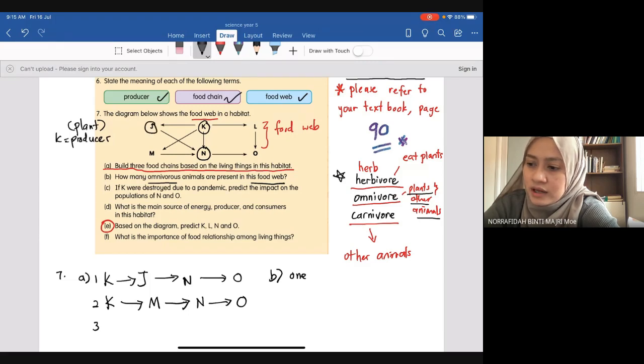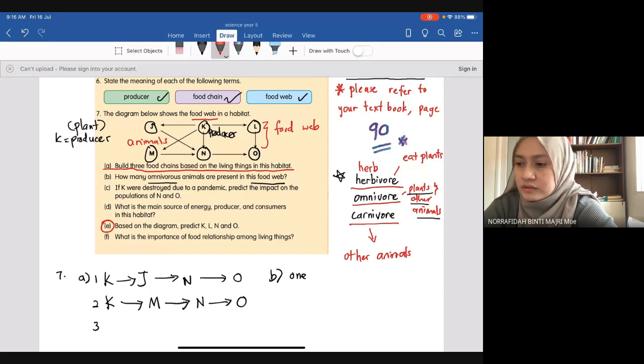J, M, and K, L is animal. O also is animal. K is producer. That means plant. J, M, L, N, O is animal, or we can say consumer. So the B is 1.